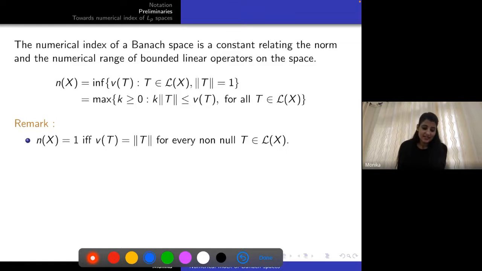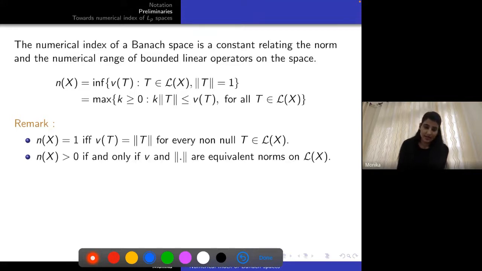If the numerical index is 1, it means v(T) will coincide with the norm of T. Previously, we talked about how in the case of L1(mu) and C(K), the numerical radius coincides with the norm of T. It means the numerical index is 1. This actually follows easily from the definition only. And if the numerical index is strictly greater than 0, v, which was a semi-norm, will be a norm and it will be equivalent to the usual norm on L(X).